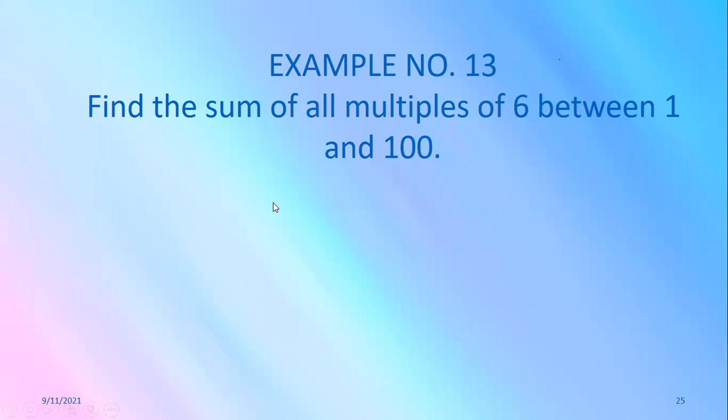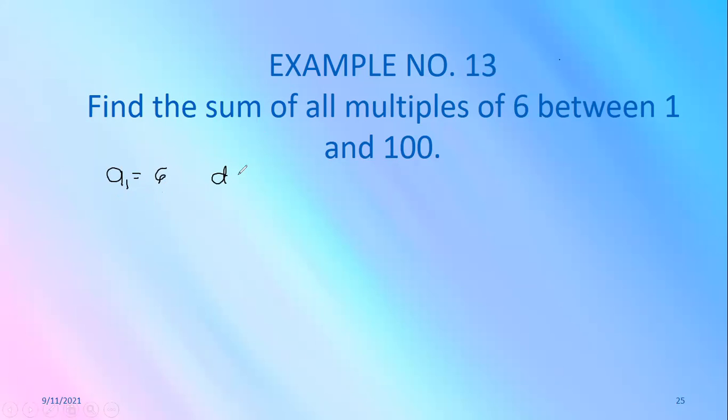Okay, find the sum of all multiples of 6 between 1 and 100. Multiples of 6 daw. So ganito, lista natin lahat ng given. Ano yung smallest number na multiple of 6 between 1 and 100? So malamang 6.